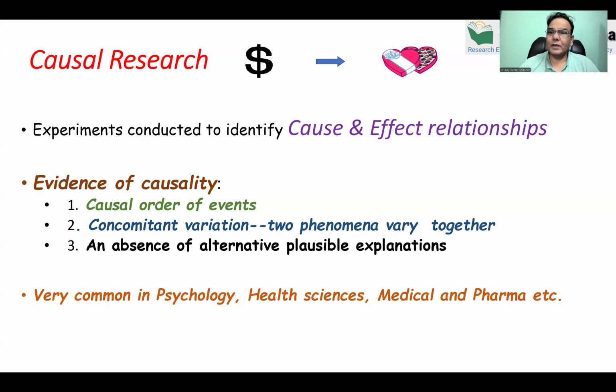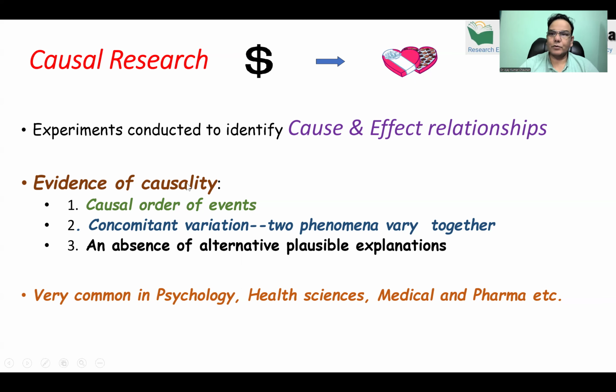Similarly, people are now comparing offline and online education; these are the cause and learning is the outcome. So we want to establish the cause and effect relationship between two variables, independent variable and dependent variable.